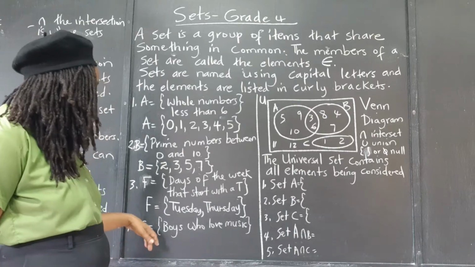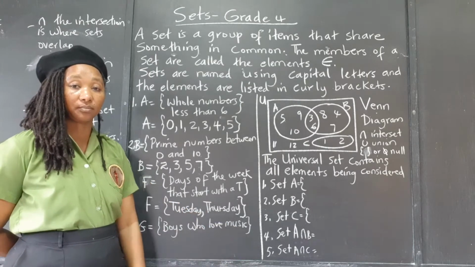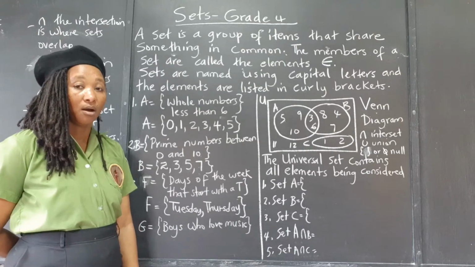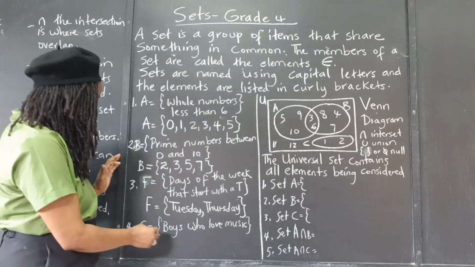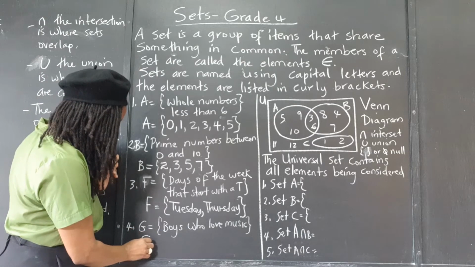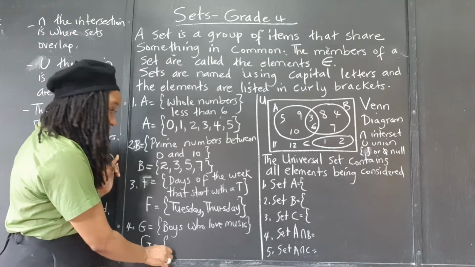For set G, boys who love music. Boys who love music. Well, how are we going to list that? Because he didn't define it really.